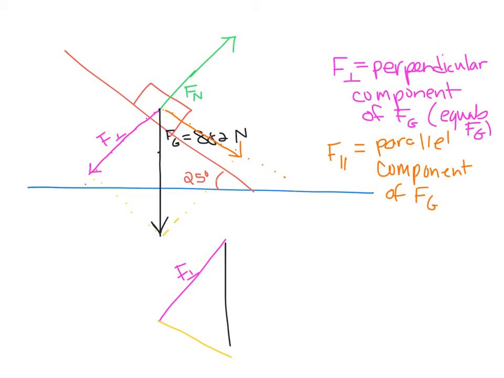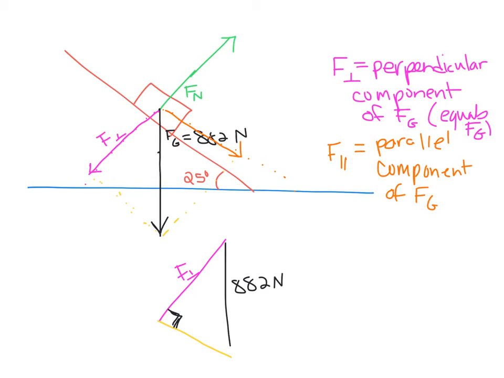I want you to realize that this yellow line is actually parallel to the ramp, which means that this perpendicular vector is also perpendicular to the yellow line. That's the bottom line right here. That's the one that goes along with this thing. So that is a right triangle. So I have the Fg. I know that that's 882 newtons.